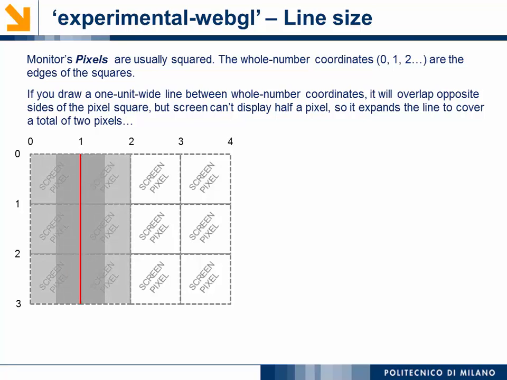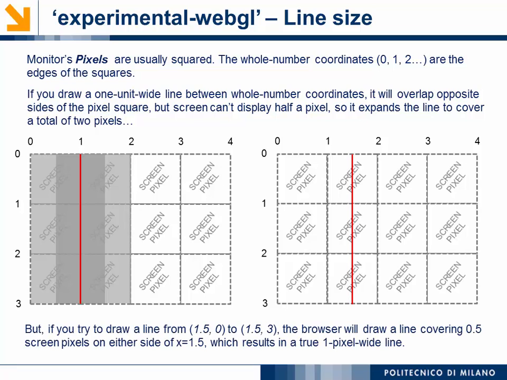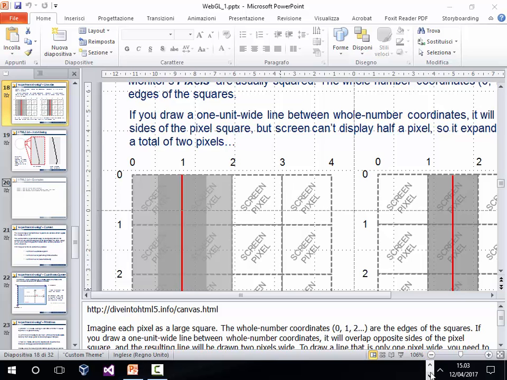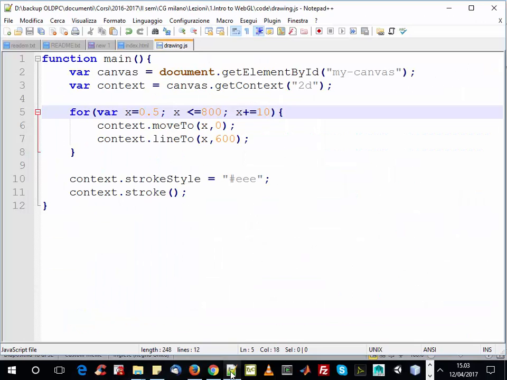Instead, this is what you get, because the monitor cannot light just half of a pixel. A pixel is lit or not. So it has to switch on 2 pixels. Instead, if you use a half number, 0.5, the line that you intend to draw falls exactly in the middle of the pixels. And in this case, there are no mistakes on which pixel you want to switch on. That's just something to show you how all this stuff works.